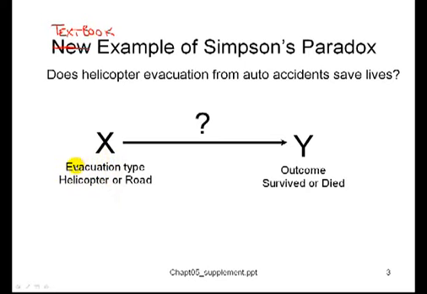So in this example, we're going to see whether the helicopter evacuation from an auto accident is better than a road ambulance, highway ambulance, or sometimes they'll bring in a helicopter to fly you to the hospital. So that's the explanatory variable, and we're going to just look here at whether the study subject survived or died.